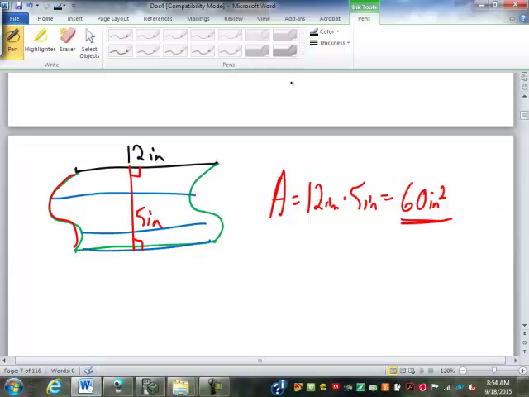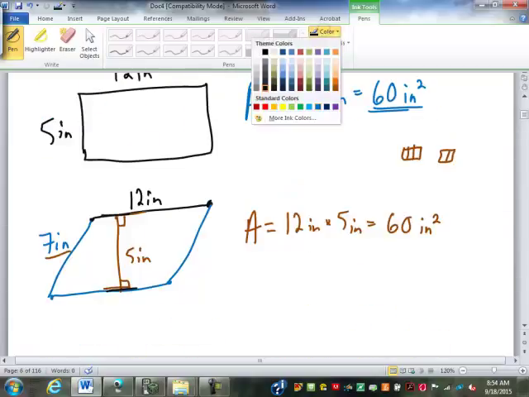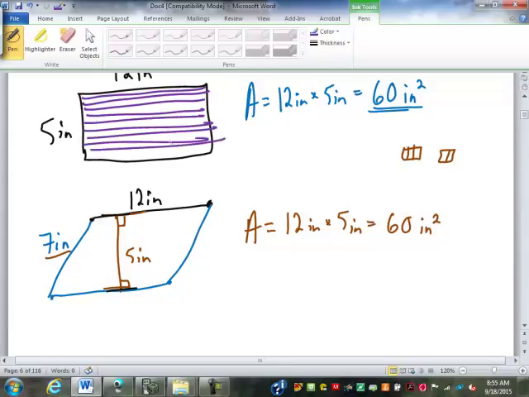Think about it like this. If you think of, and this is actually kind of a calculus concept coming out here. This is as close to calculus as we'll get in here, by the way, so don't worry. If I think of this as being a bunch of really thinly sliced rectangles, I can take those thinly sliced rectangles and just kind of push them like a stack of paper. I just kind of push them over a little bit. And this is still just those thinly sliced rectangles.